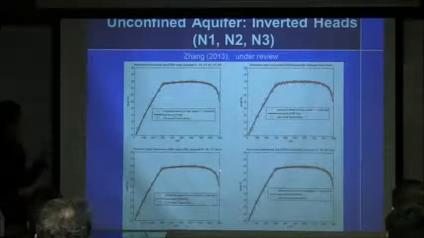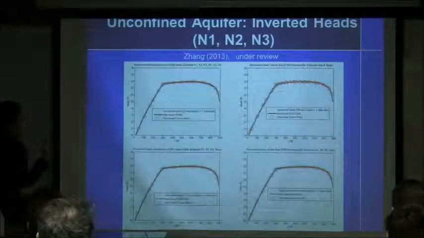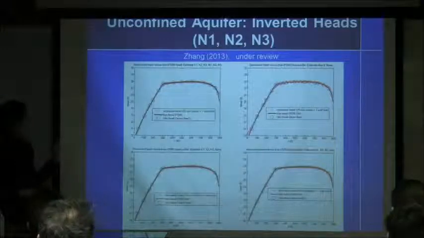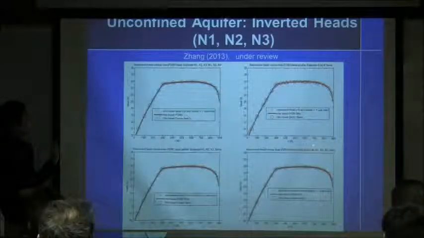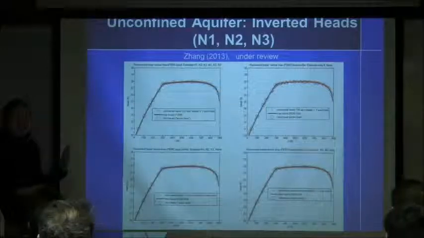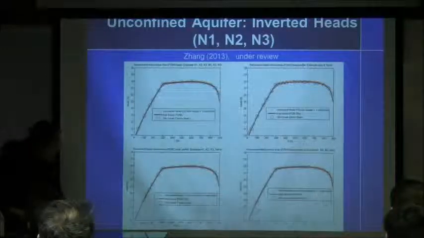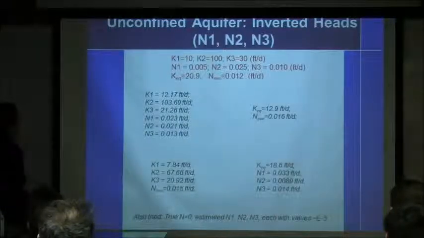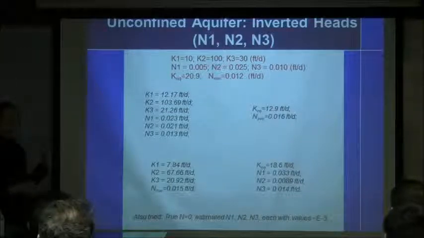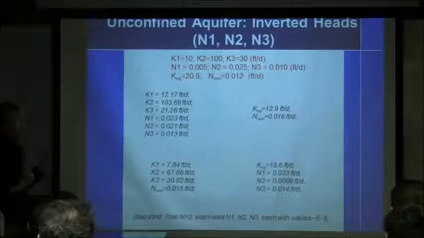In this case, we calculate 3 different Ks and a single average N. Last case, we calculate a single equivalent K and 3 different Ns. Those are the true solutions and those are the 4 different problems. And they recreate the true solution very well.